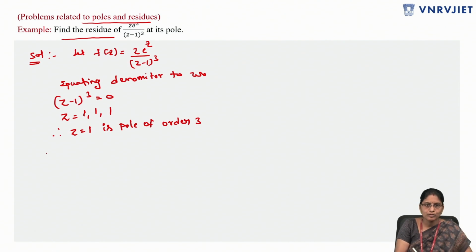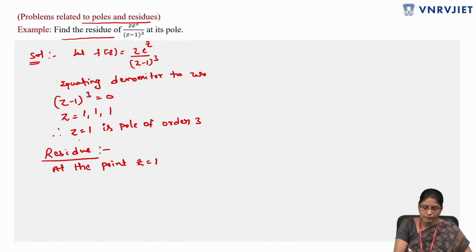Next, we have to find out the residue for the given function f of z at the point z is equal to 1. But here we get z is equal to 1 is a pole of order 3.